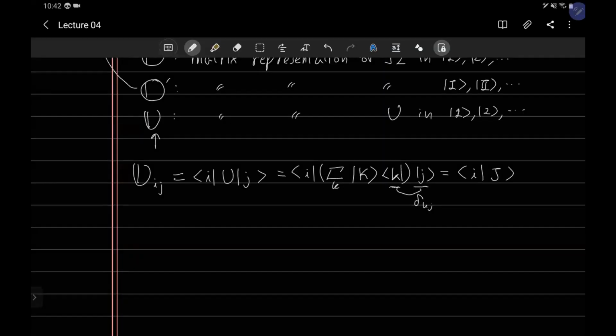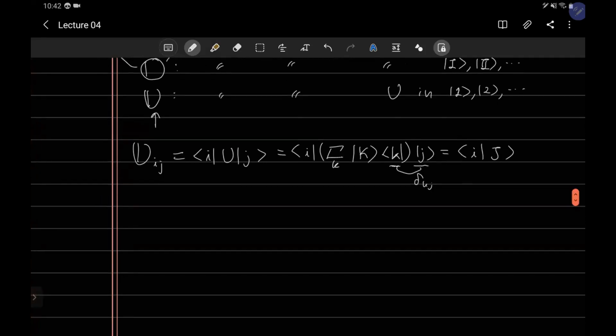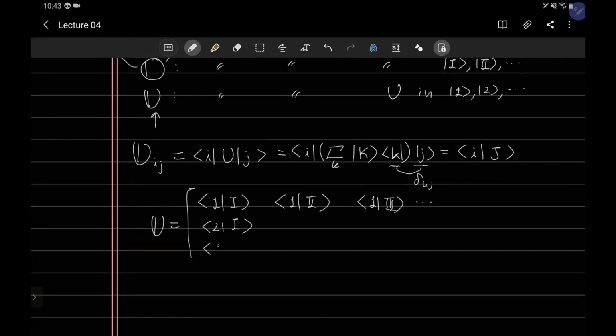If I write this down in the matrix form, then this will become something like 1, 1, and 1 in Arabic number, 2 in Roman numeral, and so forth. The second line will look like this, and the third line like this, and so forth.